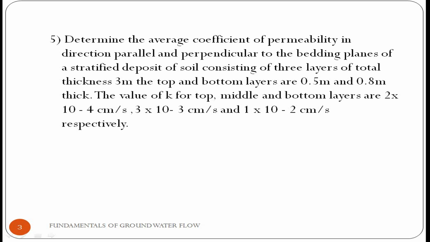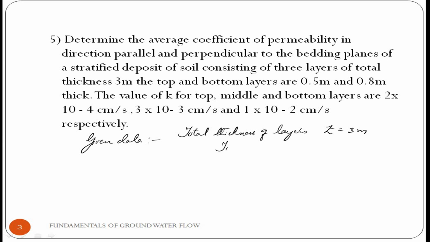So now let us see the given data here. The total thickness of layers, that is Z, is equal to 3 meter, and the top layer is given as Z1, that is 0.5 meter, and bottom layer, that is Z3, is equal to 0.8 meter.